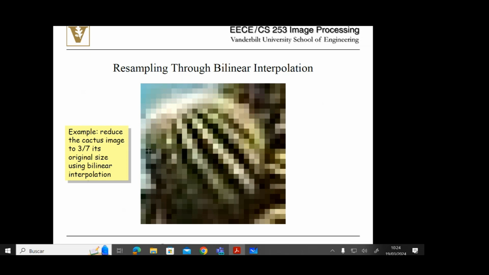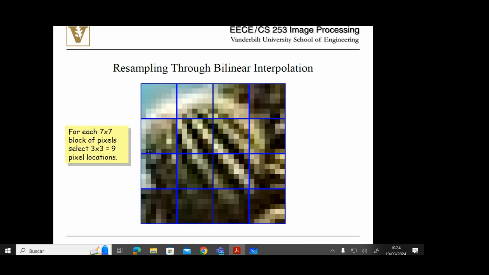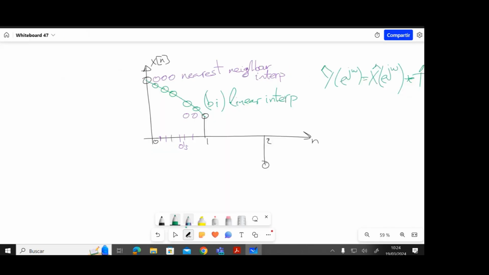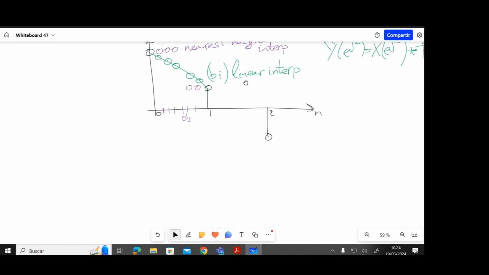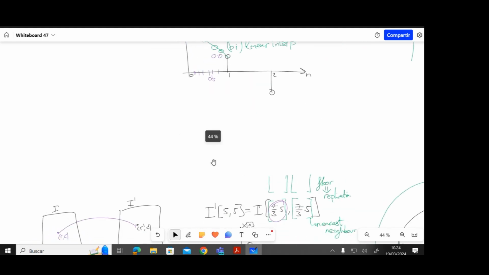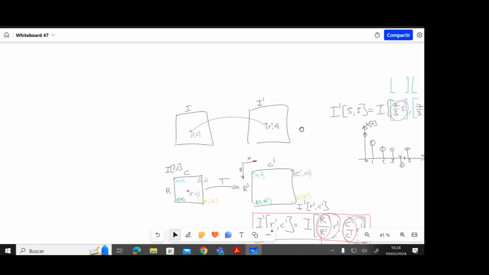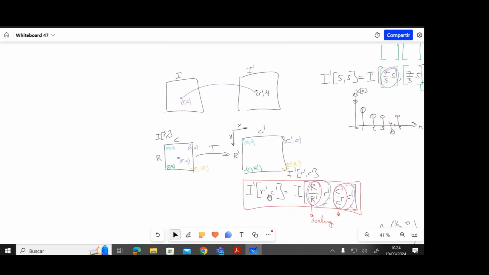So when you have to evaluate these warpings, the equations are the same. We are going from one coordinate in the output to one coordinate in the input. It will be a fractional coordinate.